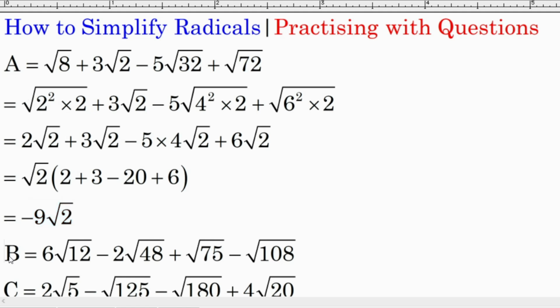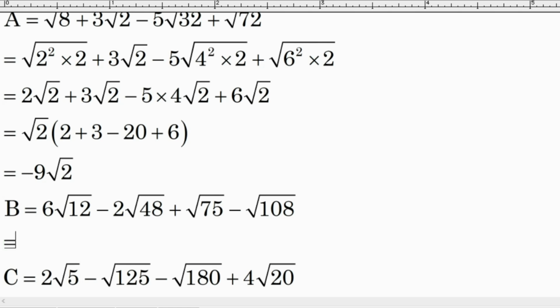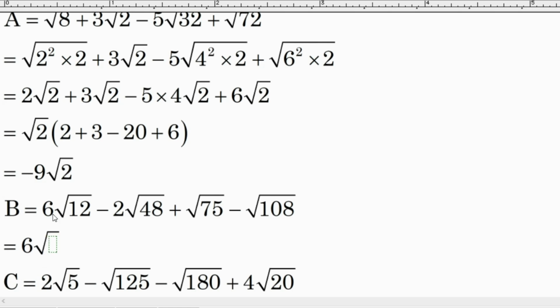Okay, so now let's look at question B. Here we have a similar question, so let's do it together. We have here 6 square root of 12. So 12 could be written as 4 times 3. Then minus square root of 48.